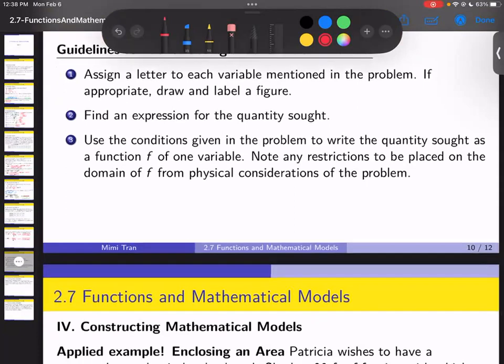Second, you're going to find the expression for the quantity sought. There might be an interest function and there might be a constraint function, right?